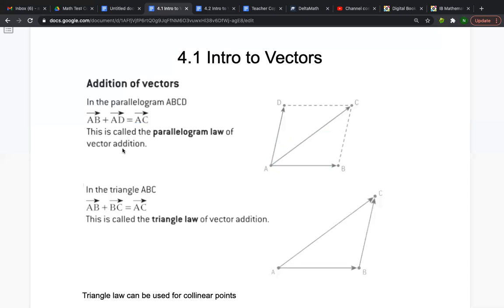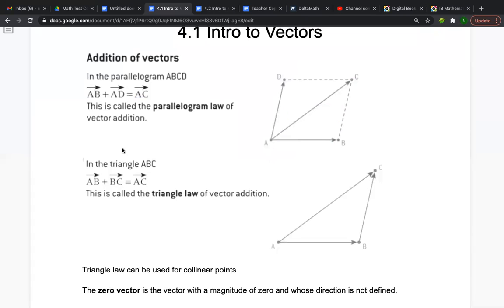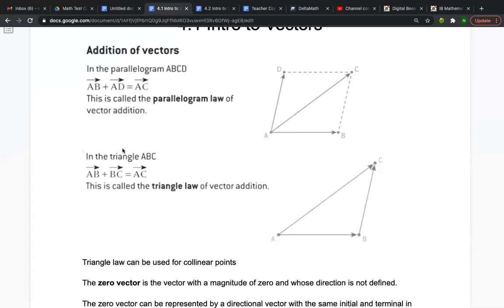But if you'll notice in the triangle law, the starting point is not the same. Instead, we make a connection at the end point of one and the initial point of another. So if I track A to B and B to C, I now know where it ends to have A to C. So that's called the triangle law.